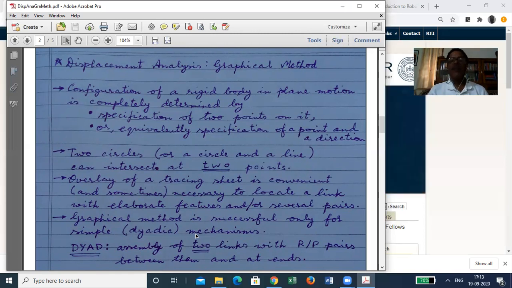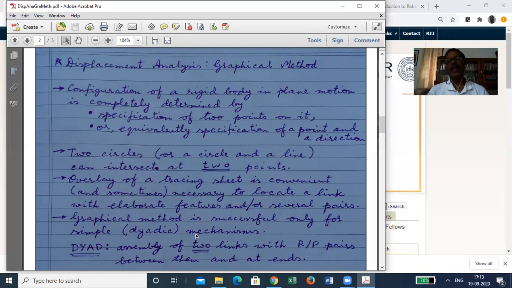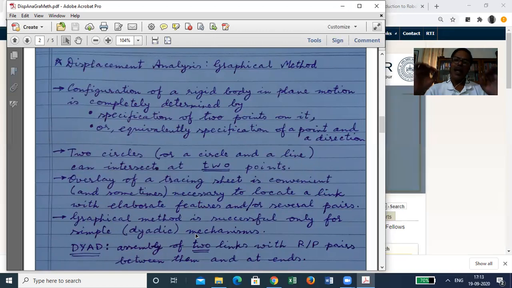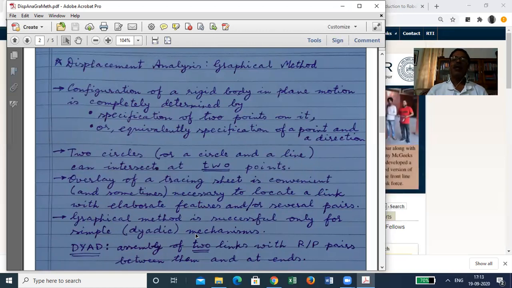That means that if you can break down the configuration determination problem, whether analytical or graphical, whatever method, to a sequence of operations such that at every operation you are trying to assemble another dyad to the mechanism, yet another dyad to the mechanism.